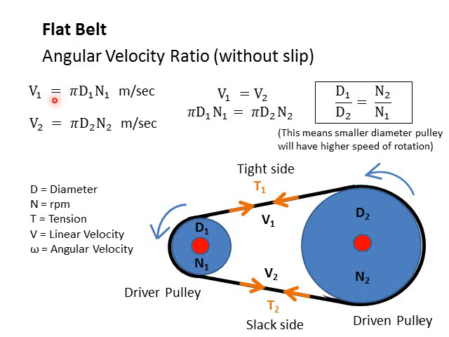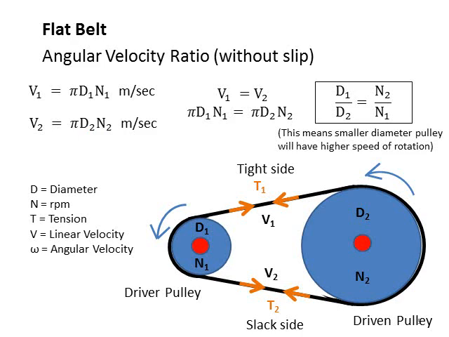We know that V1 is equal to pi into diameter of the driver pulley into the RPM of the driver pulley, and V2 is equal to pi into diameter of the driven pulley into the RPM of the driven pulley.